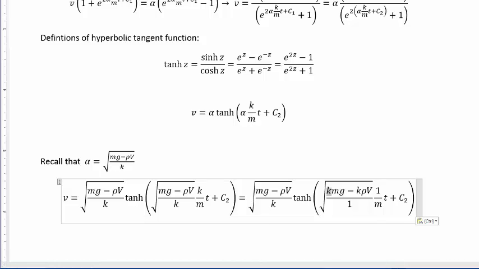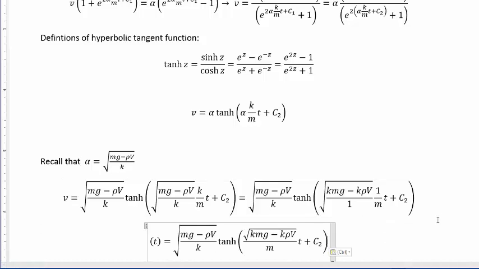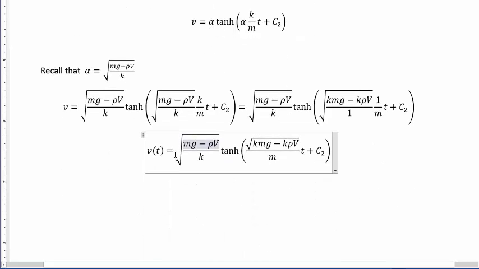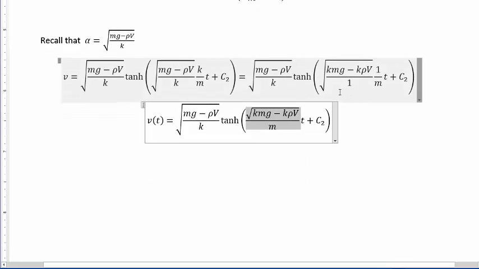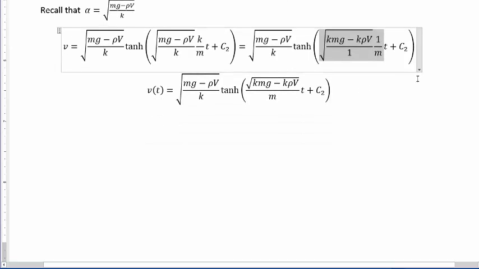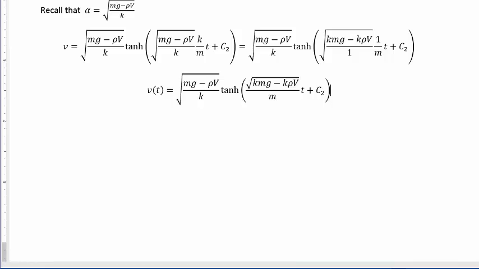And so if we just put that into one fraction, we're essentially done. We have our v of t is equal to this square root tan hyperbolic, and this is the term that came from this term simplified, and then the t out there, and then we have that extra constant sitting out.